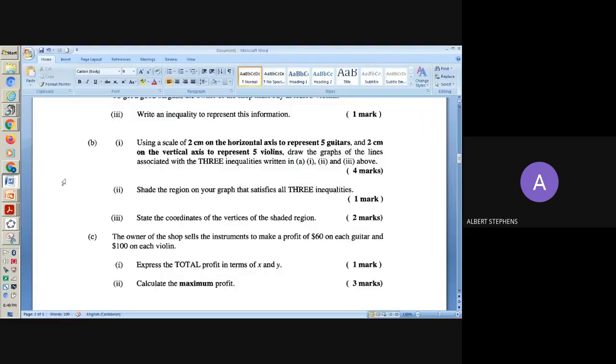Then it says, calculate the maximum profit. So class, let me ask a question. C part 1 would be an expression in algebra for the what? The total profit. So the question says calculate the maximum profit. All right, so this is what we're going to do.